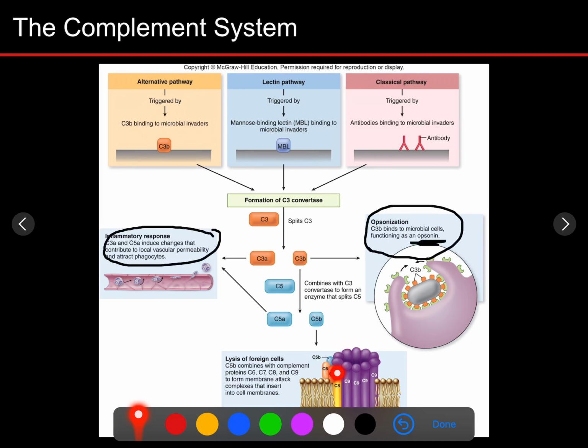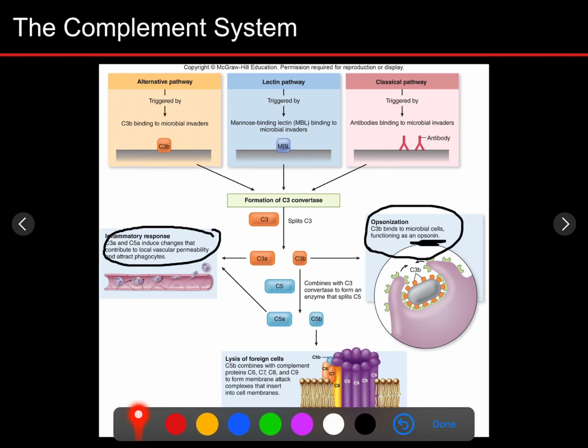The MAC forms this pore in the outer membrane of mostly gram negatives. And that pore pokes a big hole in the cell. Cells don't like it if you poke holes in them. They often die. Even if they don't die, that hole makes it so that toxic elements like peroxidases and things like that can easily get into the cell and kill the cell from the inside.